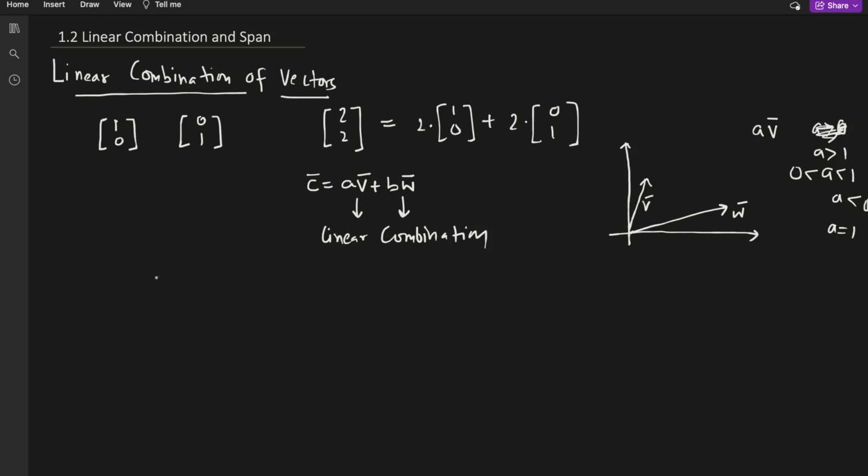If we take these two vectors, v and w, any linear combination of these two vectors will fill the xy plane.